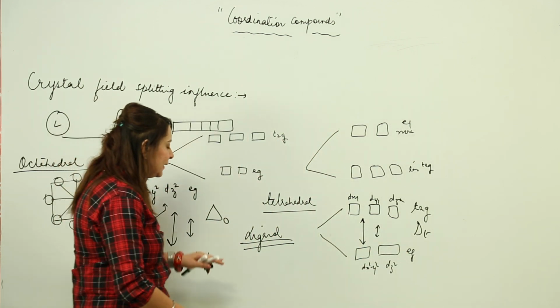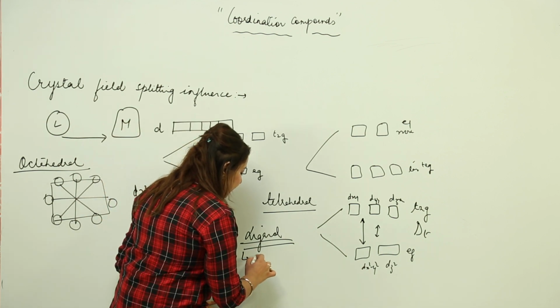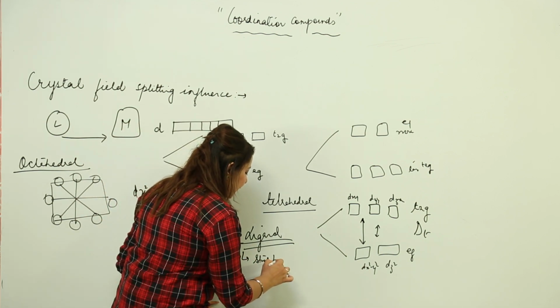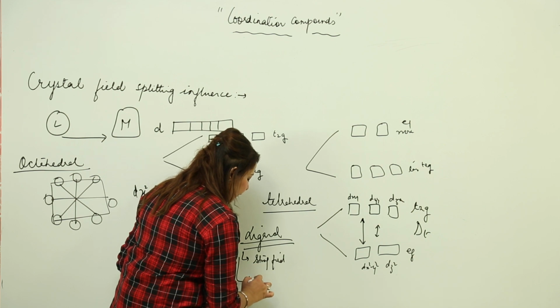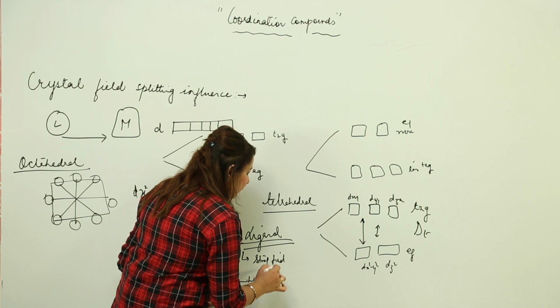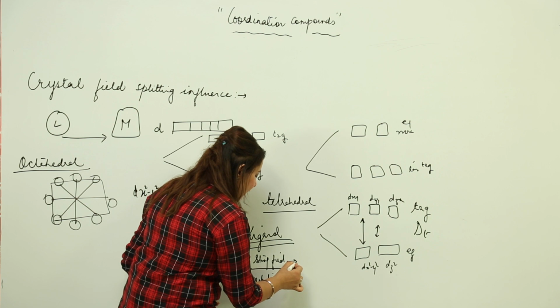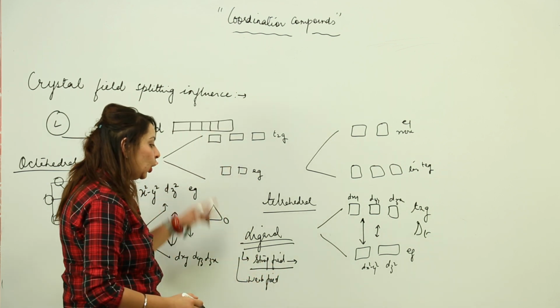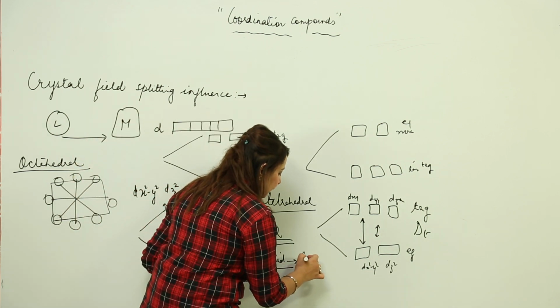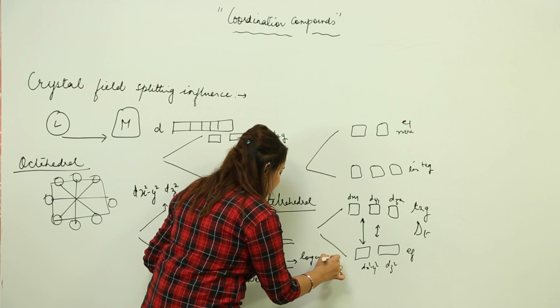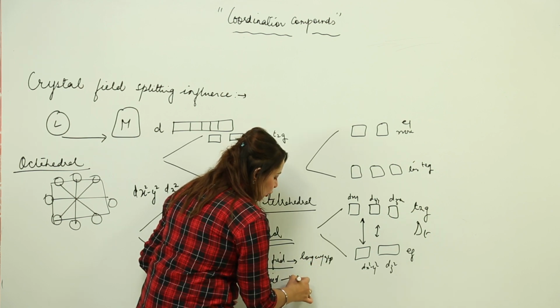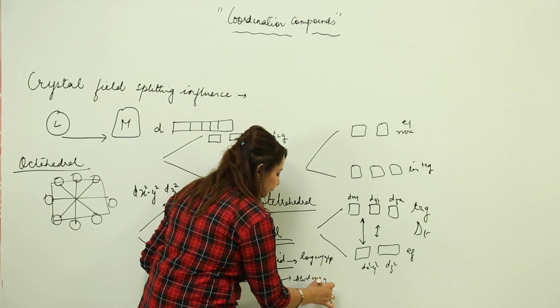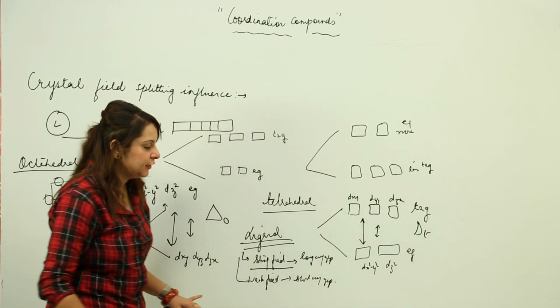It merely depends upon the ligand, whether it is a strong field ligand or a weak field ligand. We know that a strong field ligand creates a lot of energy difference, that means a long energy gap, and a weak ligand creates a short energy gap, meaning a small energy gap.